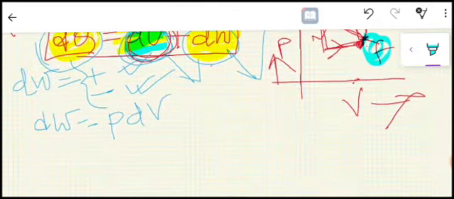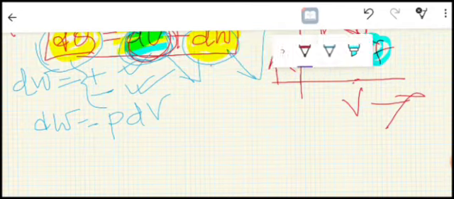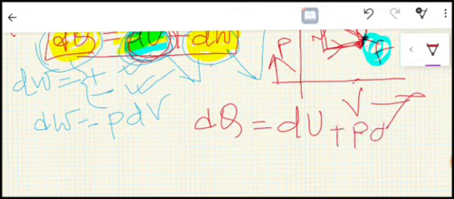Now applying this first law of thermodynamics, we can calculate the molar specific heat at constant volume and molar specific heat at constant pressure. If we rewrite the first law of thermodynamics, dq is equal to dU plus PdV. Now Cv, what is Cv?